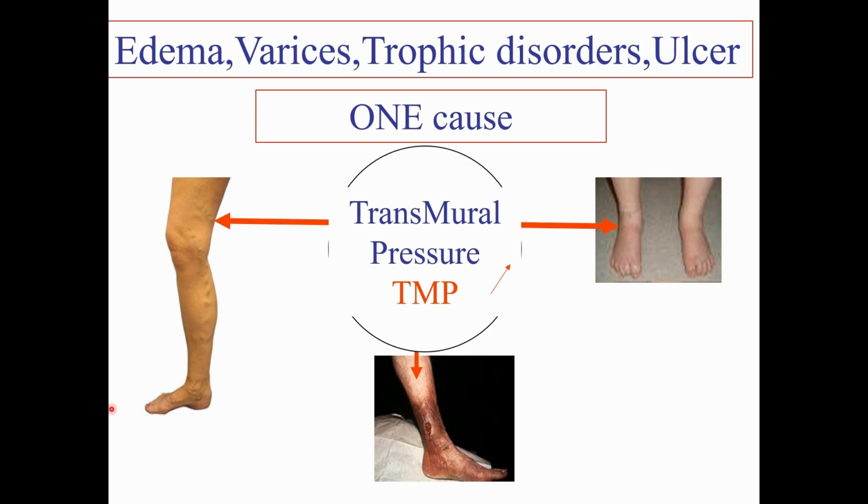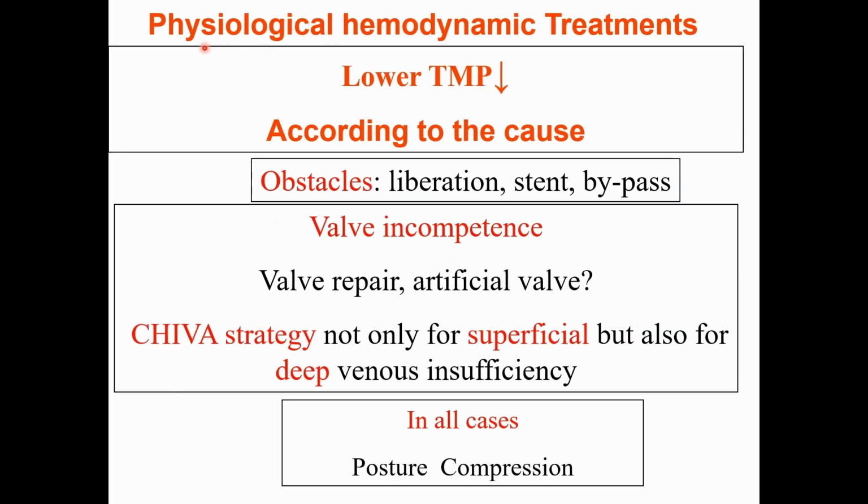So whatever the clinical aspect of the patient, if the TMP is not excessive, the cause cannot be a venous insufficiency. So a good knowledge of the venous physiopathology, particularly hemodynamic, leads to physiological hemodynamic treatments. To say, lower the TMP according to the cause. Obstacles mean liberation, stent, bypass.